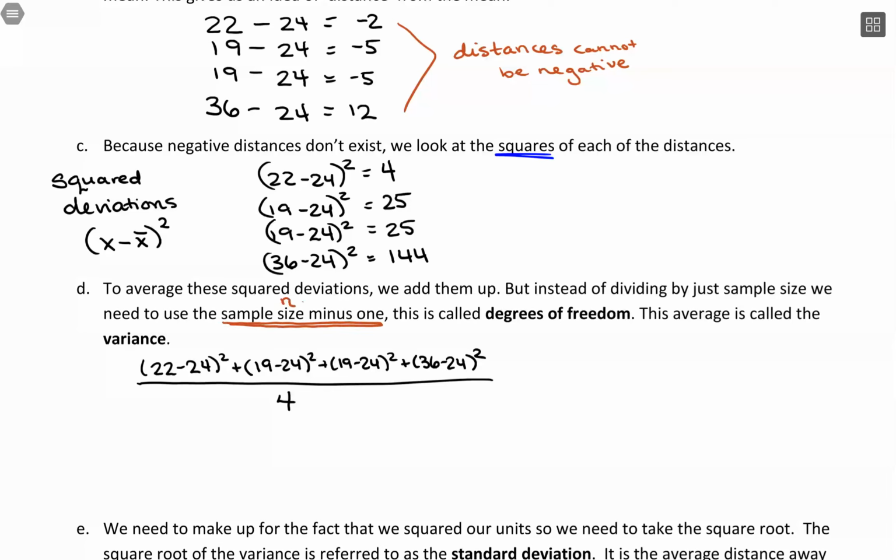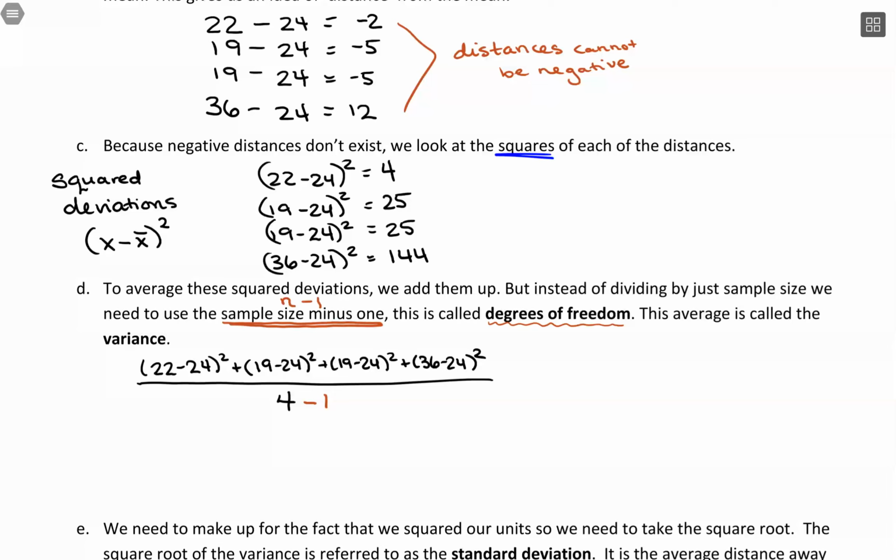This idea of sample size minus 1 is called degrees of freedom. It's a very fancy way of saying n minus 1, but to make up for some error, instead of dividing by 4, we actually need to do 4 minus 1. So this is a little extra step there, but this is still the idea of average, just a little twist of using degrees of freedom instead of sample size.